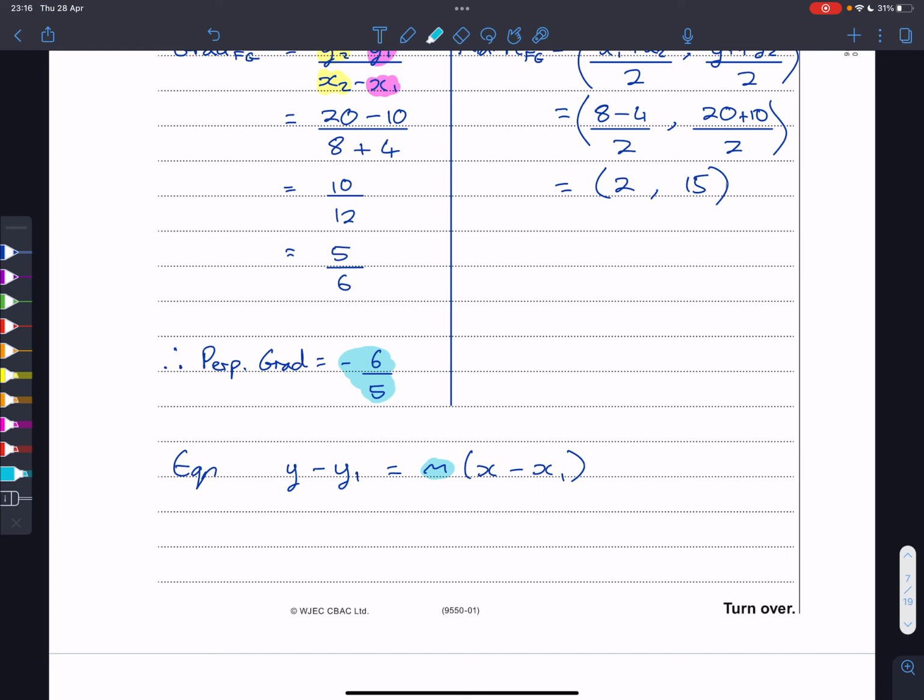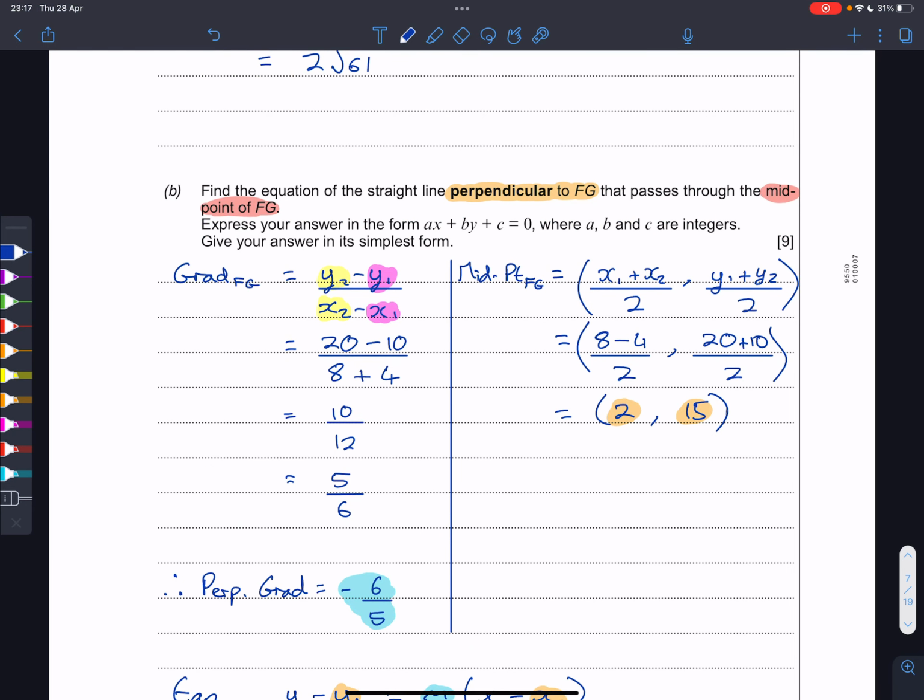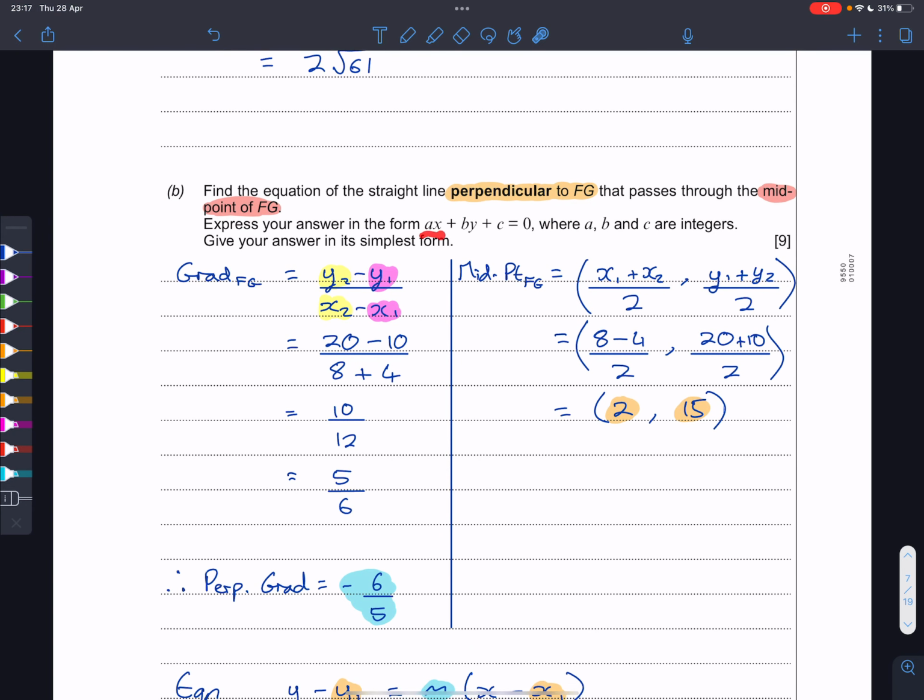And in this case, my x1 and y1 come from the point that lies on the line, which is (2, 15). So we have y minus 15 equals negative 6/5 (x minus 2). And we want it in the form ax plus by plus c, where all of them are integers.